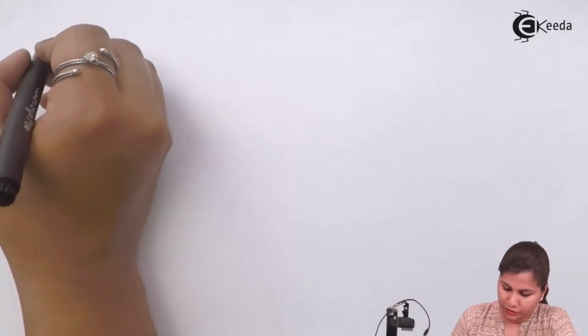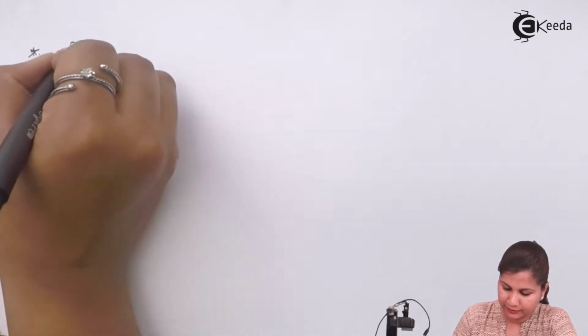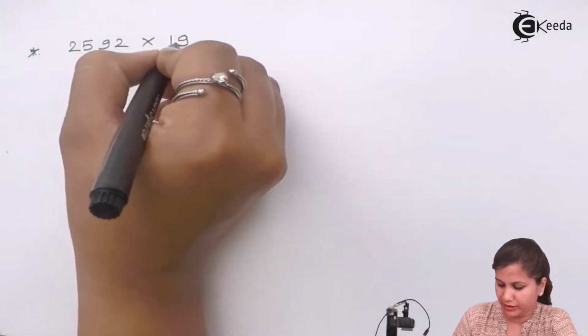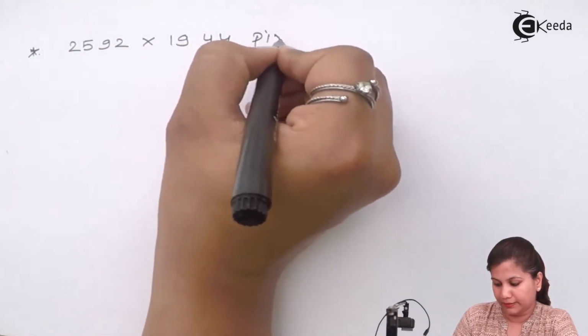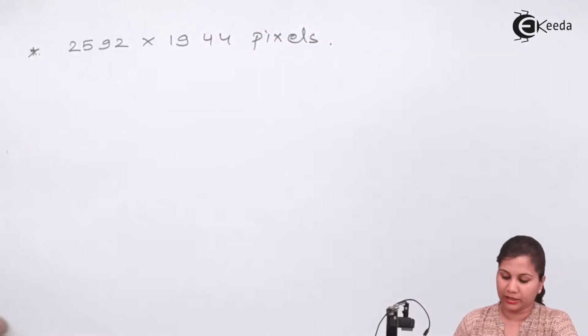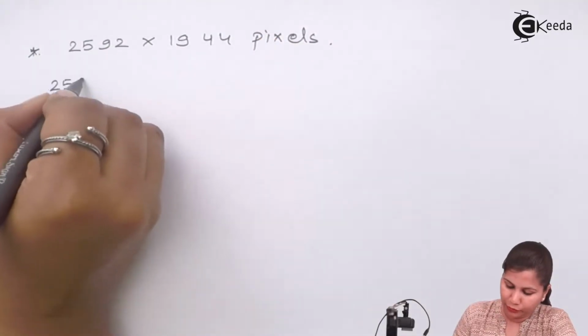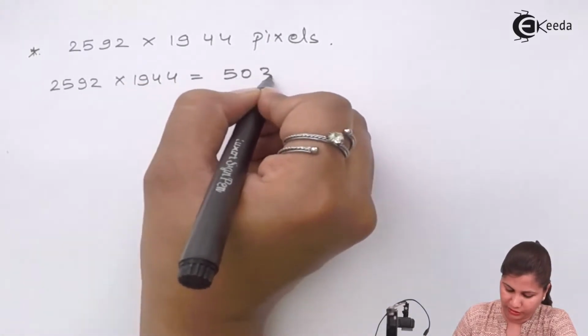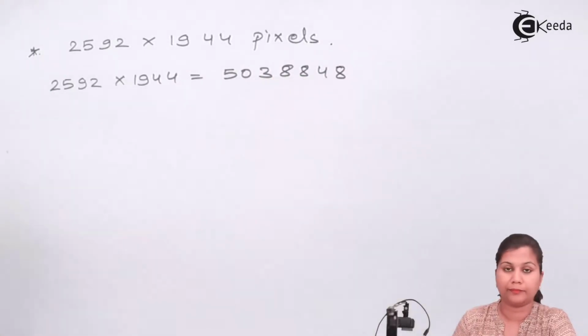Now in a digital camera, the main thing is the resolution of the camera. Whenever we talk about the resolution, it is in terms of the pixels or the number of cells present in this array. Suppose we say the resolution of the camera is 2592 into 1944 pixels. It means that when we multiply 2592 into 1944, we will get 5038848.